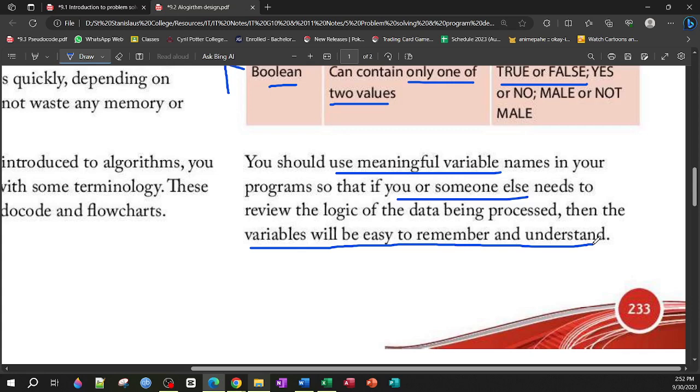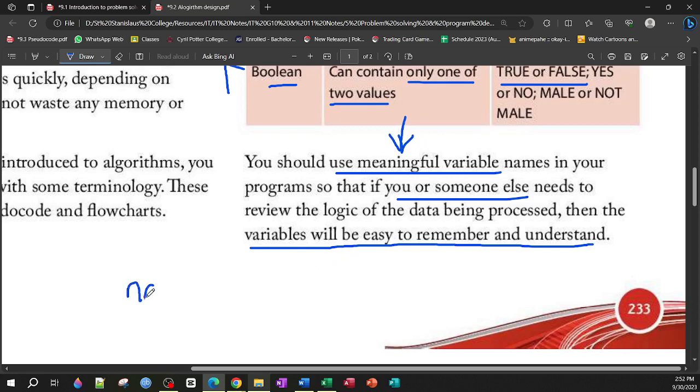The same thing we learned in database, the same principle. That principle is used throughout IT in almost everything that we do. Anything we name must be meaningful, must make sense.